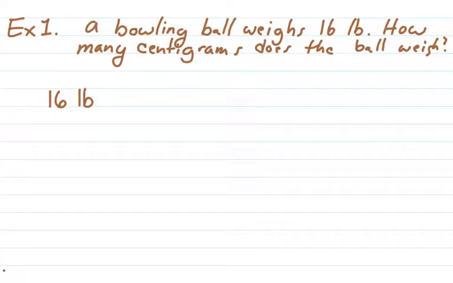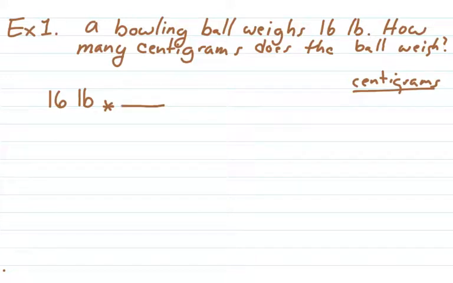And I'm going to use a conversion factor. I want to eventually get to centigrams. Centigrams is in the metric system. So I want to use a conversion factor that is going to get me from the U.S. customary system to the metric system.